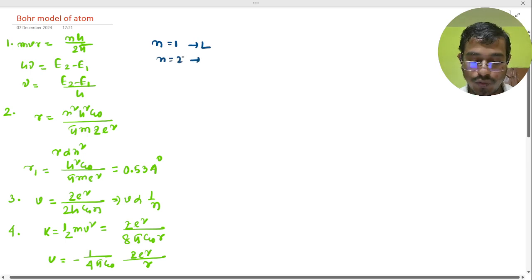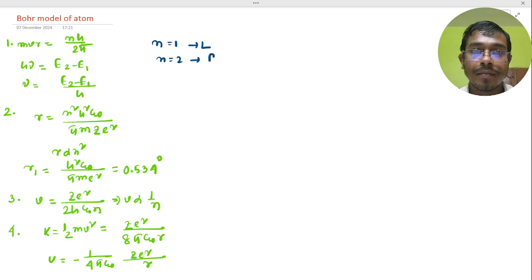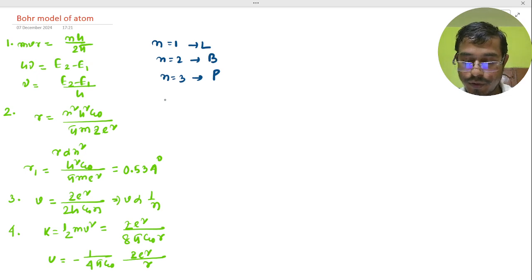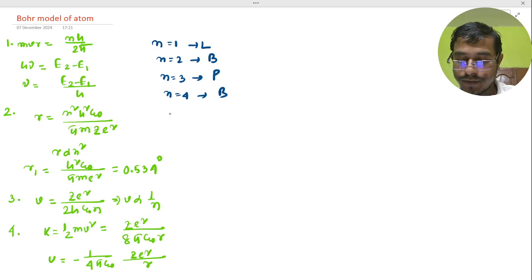For n equal to 2 we get Balmer, for n equal to 3 we get Paschen, for n equal to 4 we get Brackett, and for n equal to 5 we get Pfund.